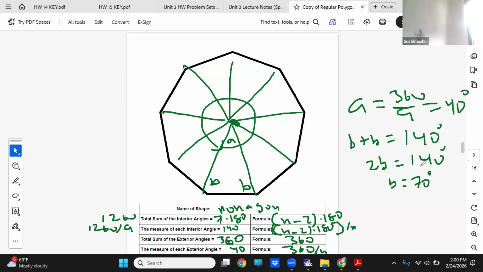What we're going to work towards on Thursday is using trigonometry. You guys remember SOHCAHTOA, right? We're going to draw the altitude and make right triangles, and use trigonometry to find the length of the height and the base. And if I have that, how do you find the area of a triangle? That's 1/2 base times height.